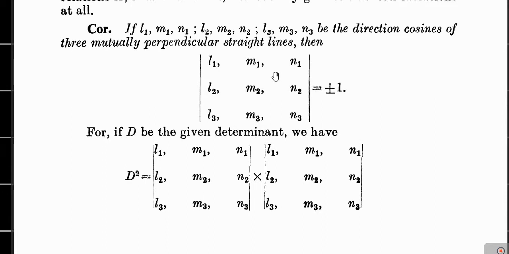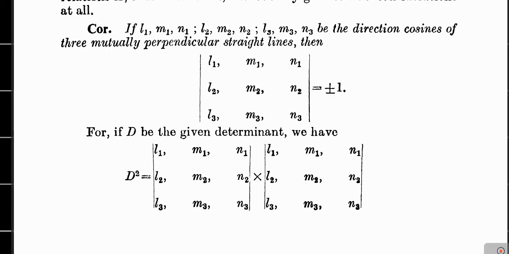So these two results we are going to use here. Okay. So therefore let D be the determinant which is equal to the determinant of L1 M1 N1, L2 M2 N2, L3 M3 N3. Then we have D square equal to that determinant, it's a product with itself.